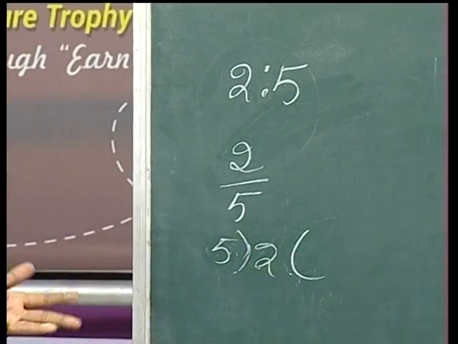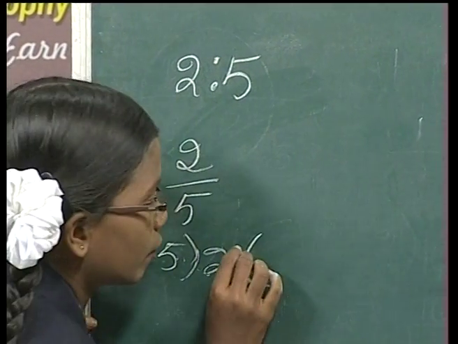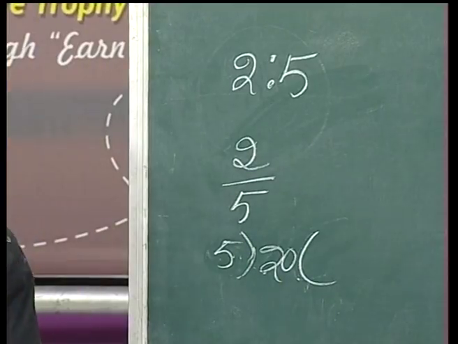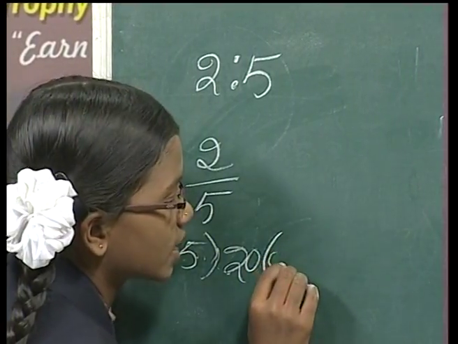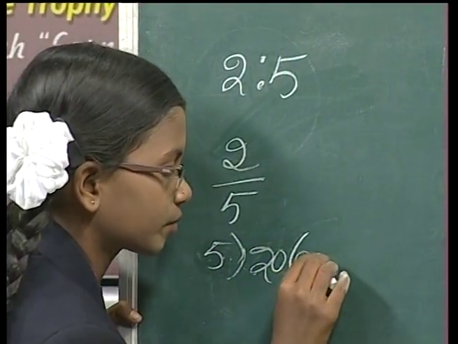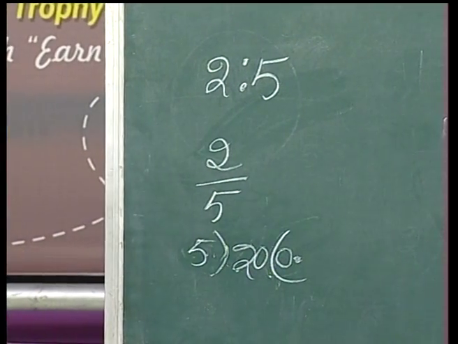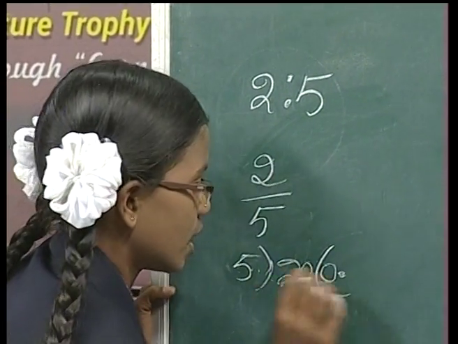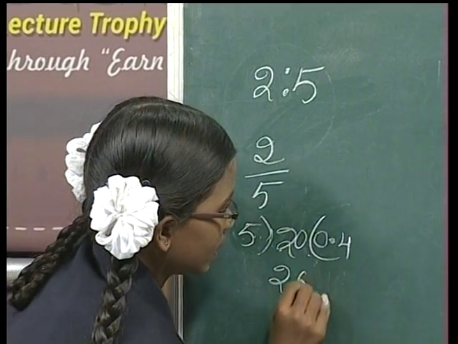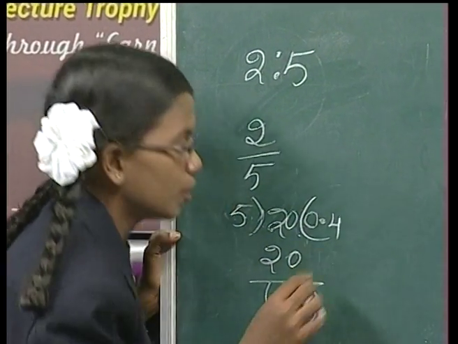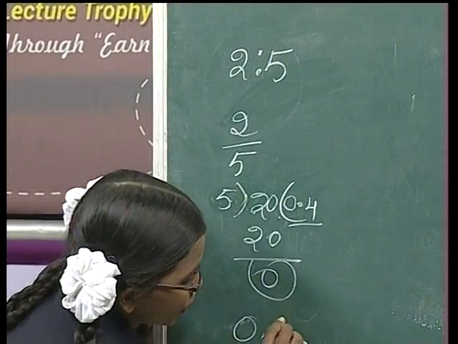Now we can't divide directly, so here we write 0, it becomes 20 and here also we write 0 and we put a point. Friends, here how many times? Yes, 4 times. 5 4s are 20. Here the remainder is 0. Here the decimal number is 0.4.